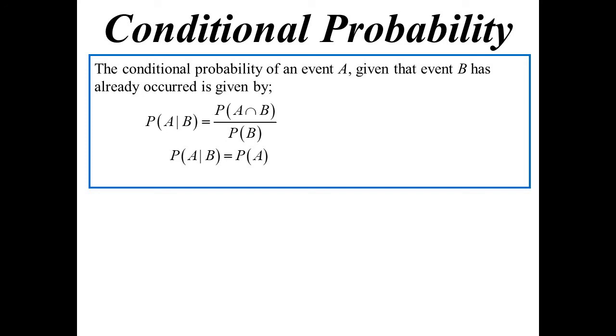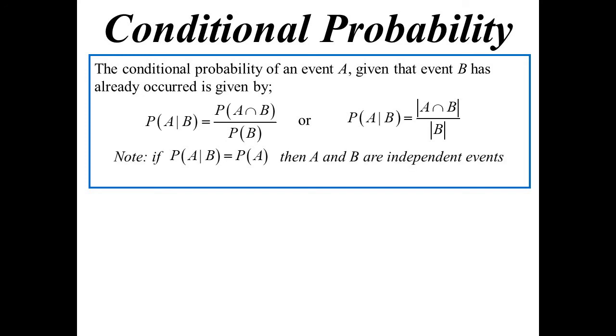Of course, if you're just talking about the number of items in the sets, we can just say the number of things in the set A intersection B over the number of things in the set B. Now, it turns out that if that probability equals the probability of A, then A and B must be independent events, because it didn't matter that B had already happened, we got the same probability. Another way of doing it is that the probability of A intersection B will equal the probability of A times the probability of B. So that's a quick way of checking.